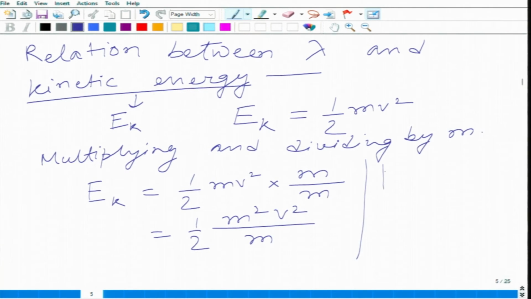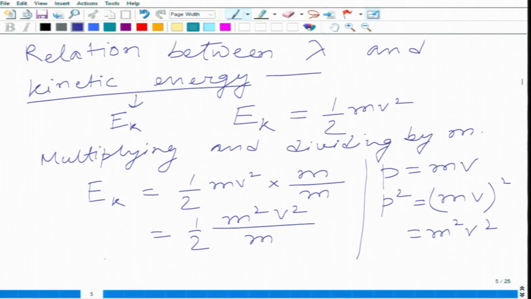Now linear momentum P is equal to product of mass and velocity, that is mv. So P squared will be mv whole squared, that is m squared v squared, right?